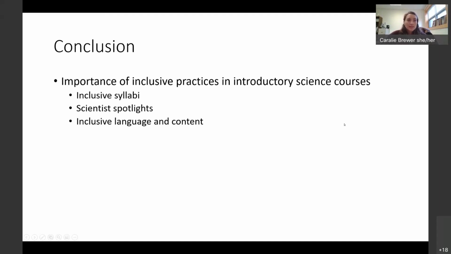The ways that we did this were through making a more inclusive syllabus, using the scientist spotlights to give our students a sense of the diversity that's in the field, and changing the language and content to be more inclusive. These are just three examples, but there are a number of ways that you could make changes to be more inclusive. This is what we felt we could do in the time that we had, but I'm sure all of you have tons of ideas spinning around in your brain, and we'd love to hear them if you have any other ideas or ways to create a more inclusive classroom.